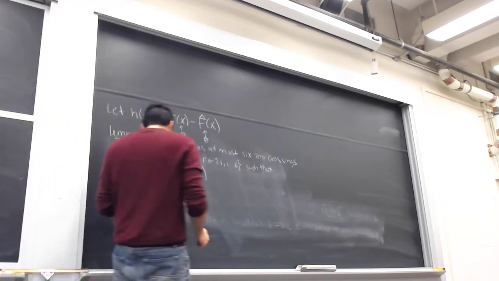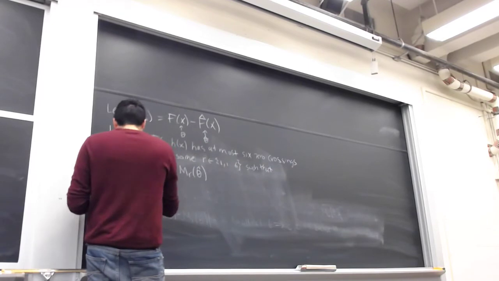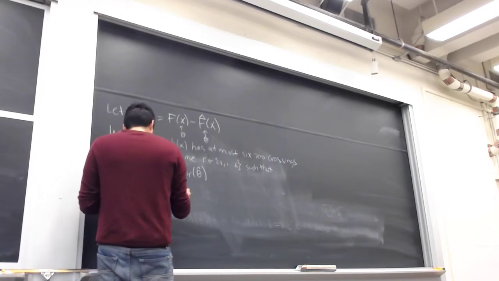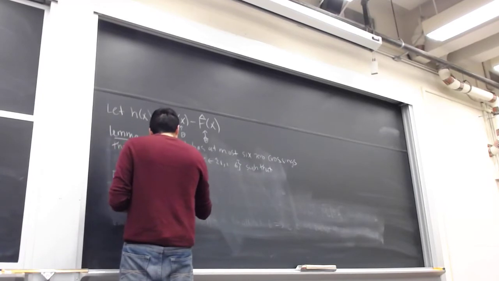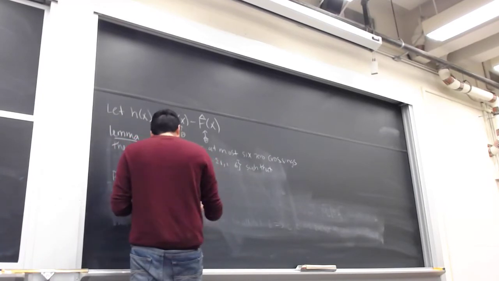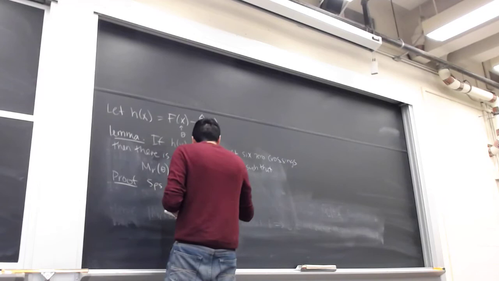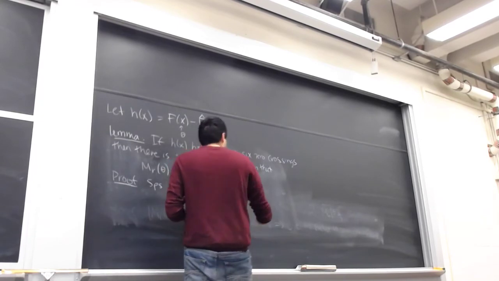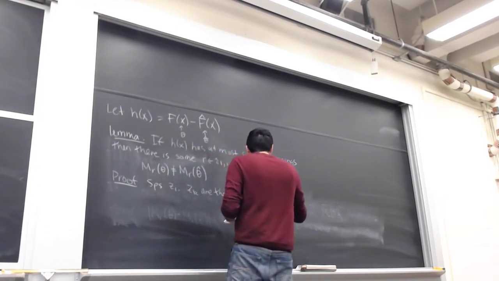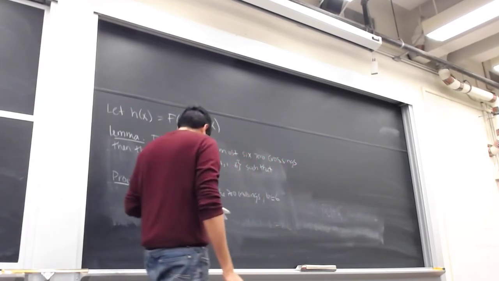So the way that we can do this: suppose z1 to zk are the 0 crossings. And k is, of course, at most 6 by assumption.